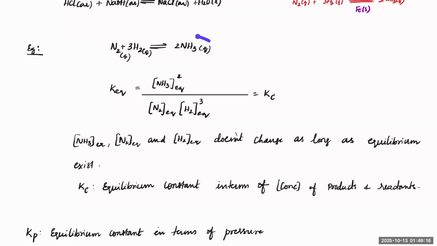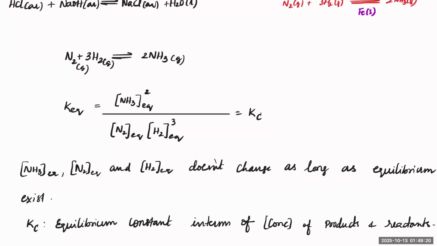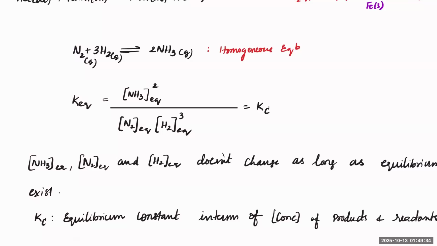Let me take this example again. N2 plus 3H2 giving 2NH3. Because I have not given a catalyst, what do we consider? It is homogeneous equilibrium. So if it is at equilibrium, as per the definition we learned, that is product concentration raised to the power of their coefficients by reactant concentration raised to the power of their coefficients.